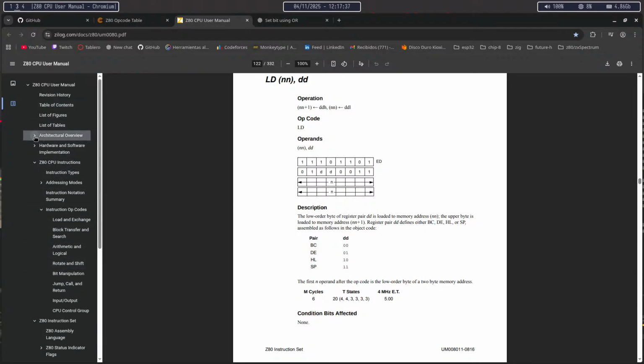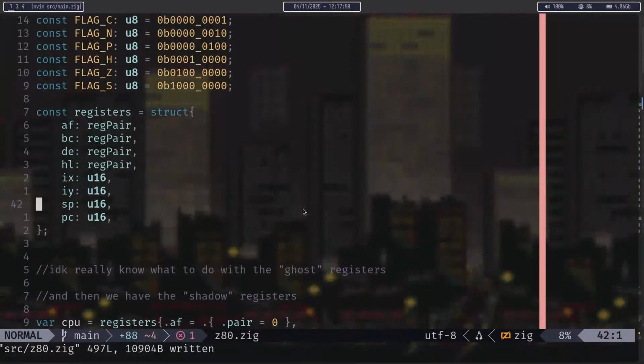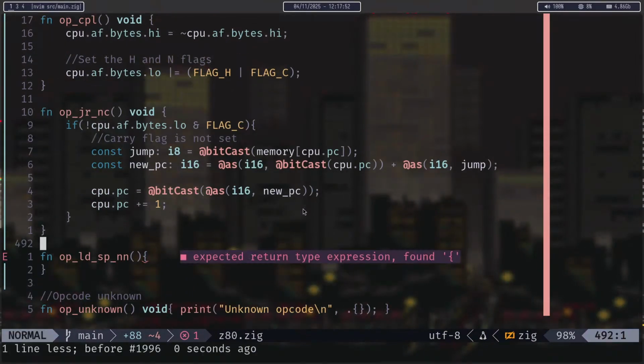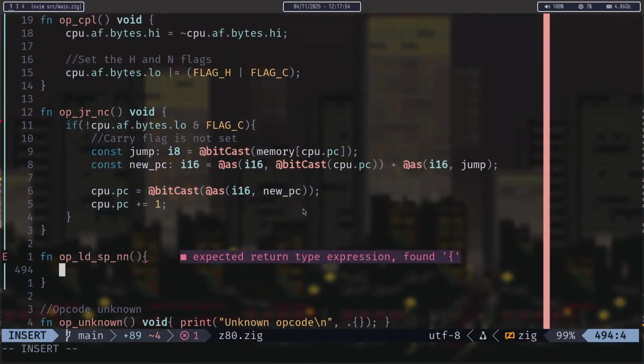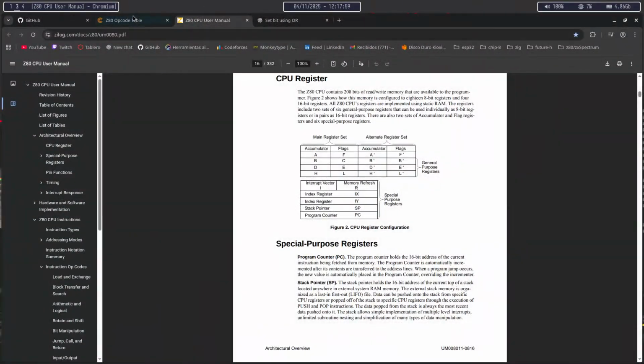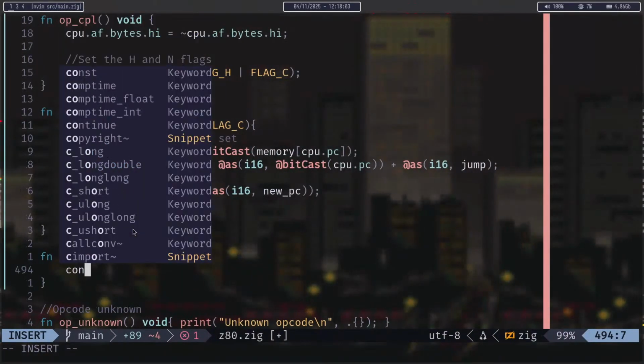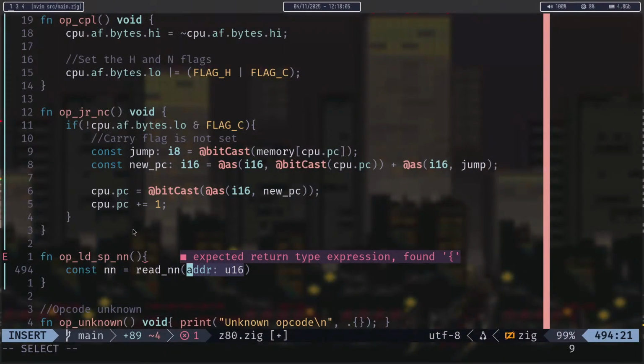Alright, guess I have to look it up now. Stack pointer, that's the only SP I know. And then here it is, it's SP like. Alright, you know what? Stack pointer, forget that. Okay, so if I have to load NN into SP, I guess I have to do const NN equals read NN CPU.pc.